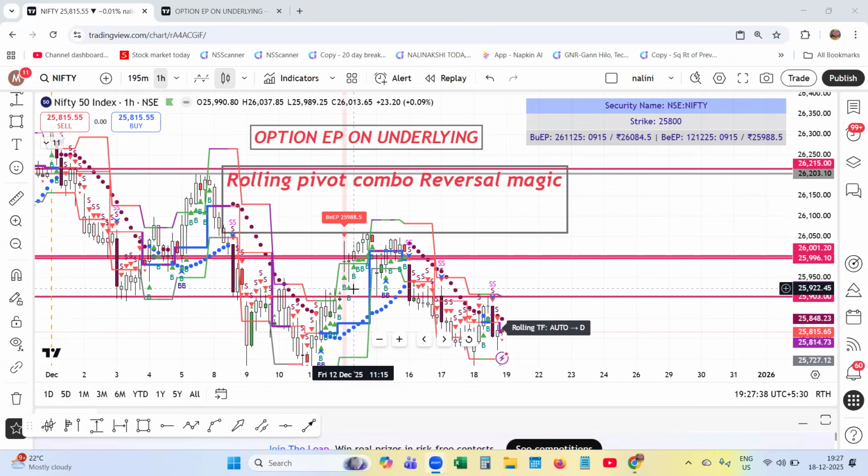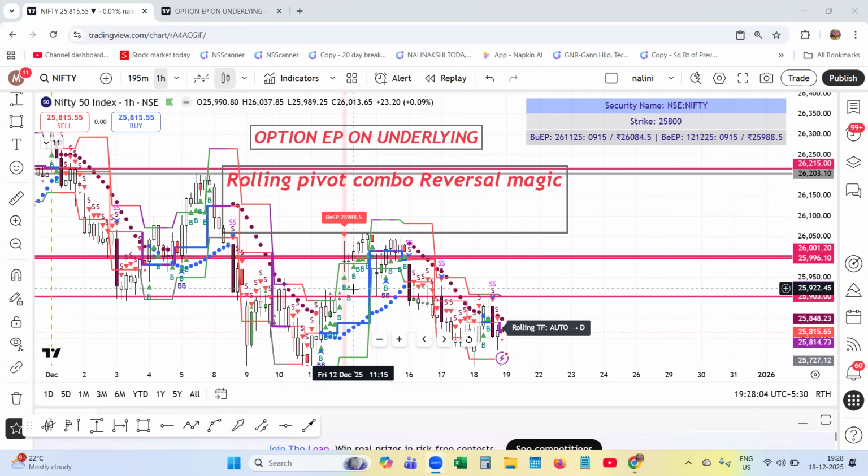Now, apart from that, in combination with this indicator, episodic pivot, option EP on underlying. That means the episodic pivot is reflected through options on the Nifty or the stocks. You can use it to your advantage.